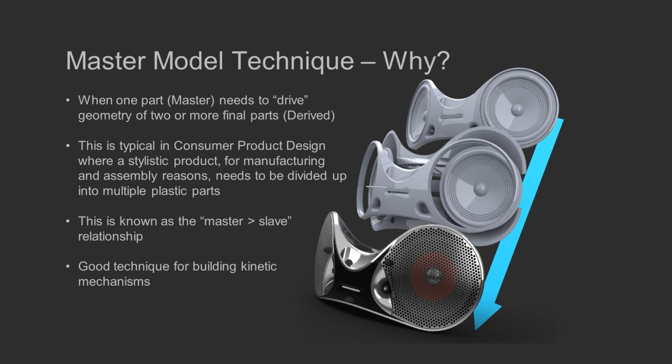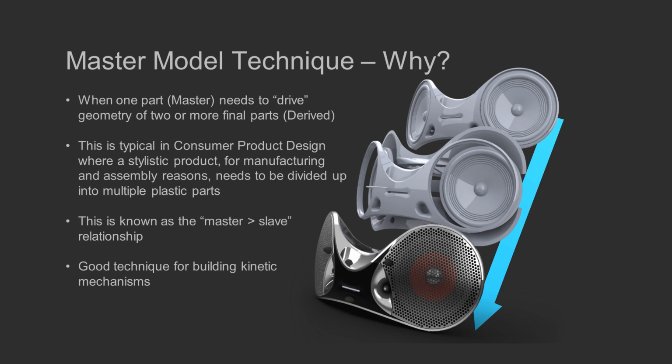It has to be divided up in a lot of cases because you really can't manufacture an enclosed shell on its own. So manufacturing really dictates that we need to build derived parts of plastic parts that then fit together to enclose a product, an electronic product or mechanical product. So this is the reason that it exists.